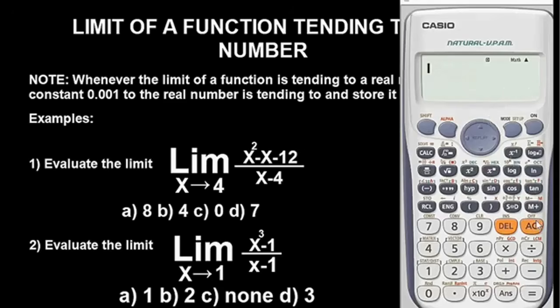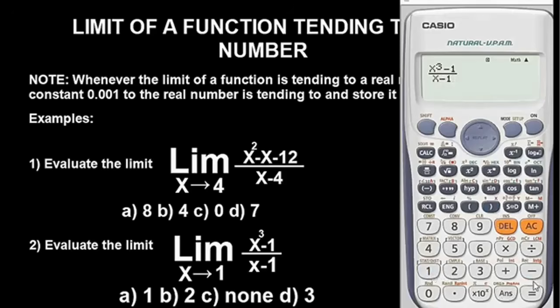So right now let's input the values we have here as the question in the calculator. It's in fraction, we have x cubed, which is alpha x, you make use of this power button and come down, minus 1, all over x minus 1, which is alpha x minus 1.